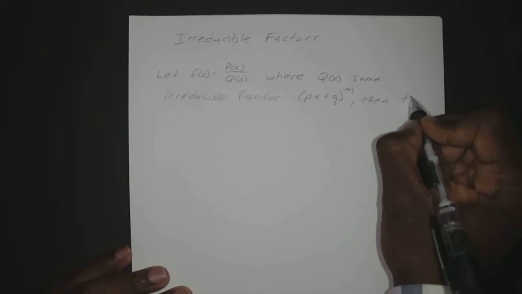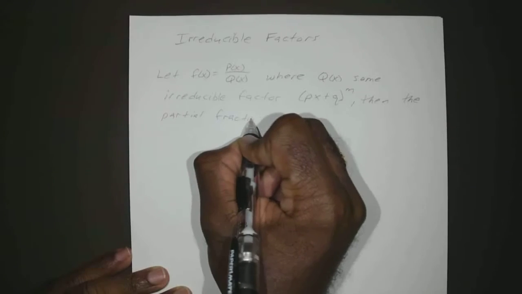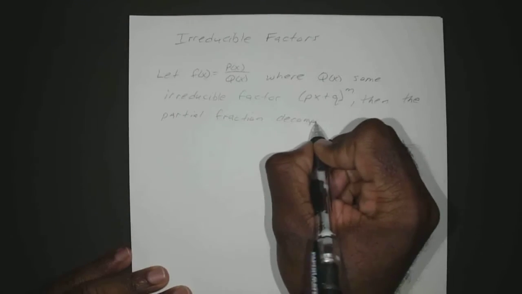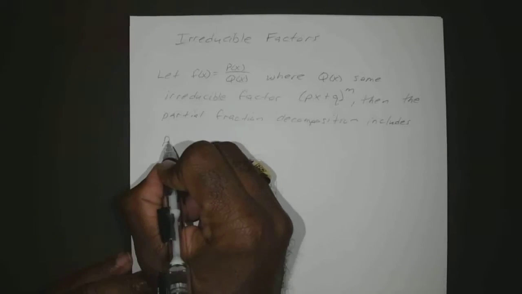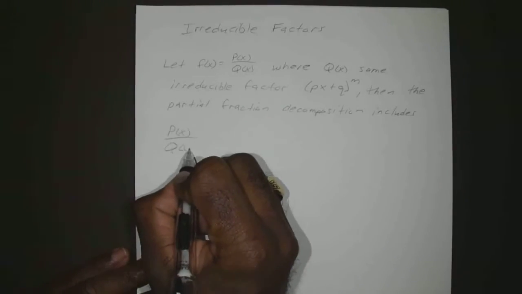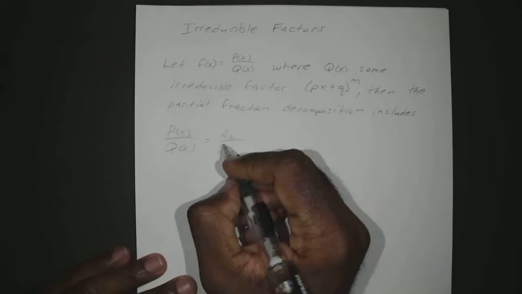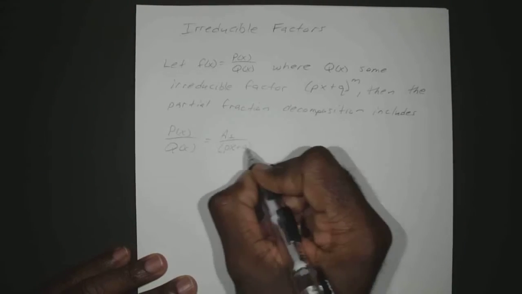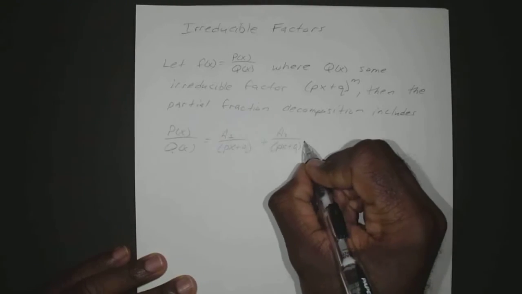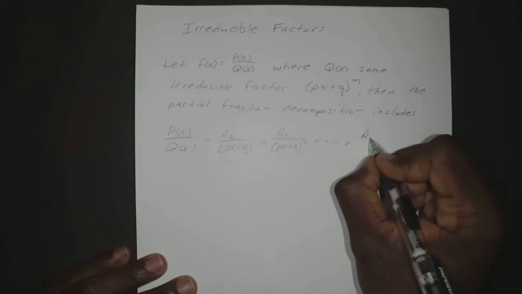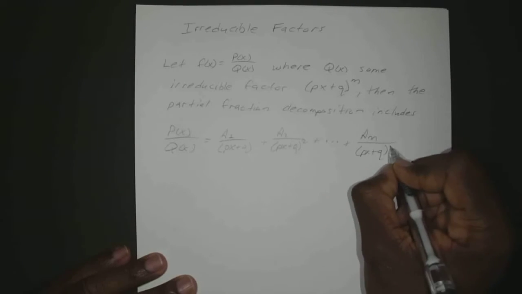Then the partial fraction decomposition includes, so your p of x over q of x would just equal a1 over px plus q, plus a2 over px plus q squared, and it keeps on going, to a_m over px plus q to the m power.